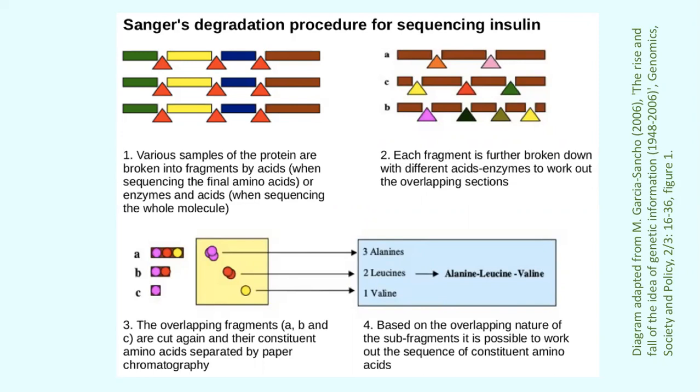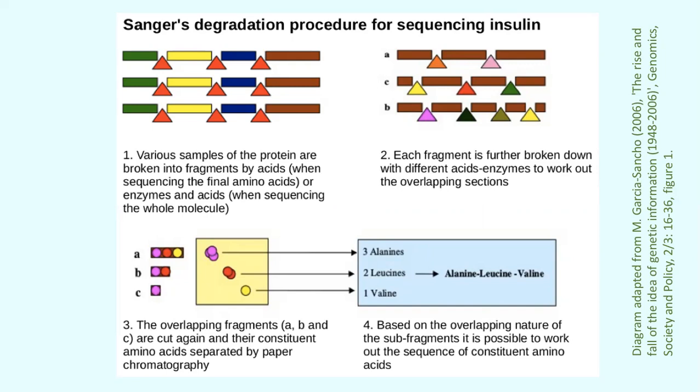These small peptide fragments were then analysed to understand the amino acids, and with different fragments, the overlapping fragments were found. They were again chopped down into amino acids, and paper chromatography was used to separate them. Finally, the whole picture was made clear by putting together these overlapping fragments one over the other, and making the readings.